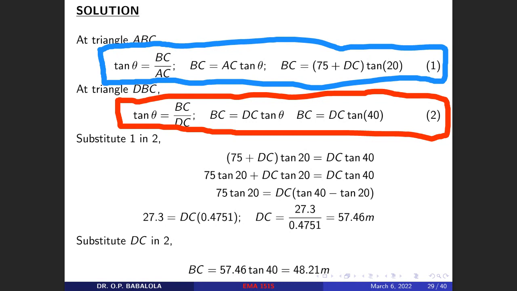Have you guys substituted equation 1 into equation 2? That's what I've done here. Okay. Do we all have our answer for DC to be 57.46?